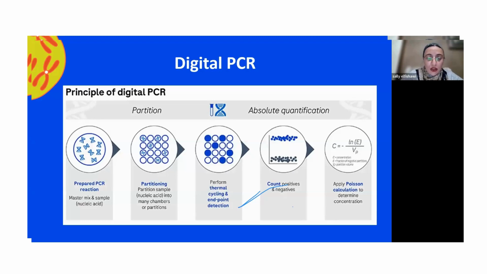So if we can detect the single molecule that is positive for the mutation or the negative for the mutation, whenever we add them together, we know the number of molecules that are there as an absolute quantitation without the use of normalization, of standard curve inference for the cycle threshold or the CT.